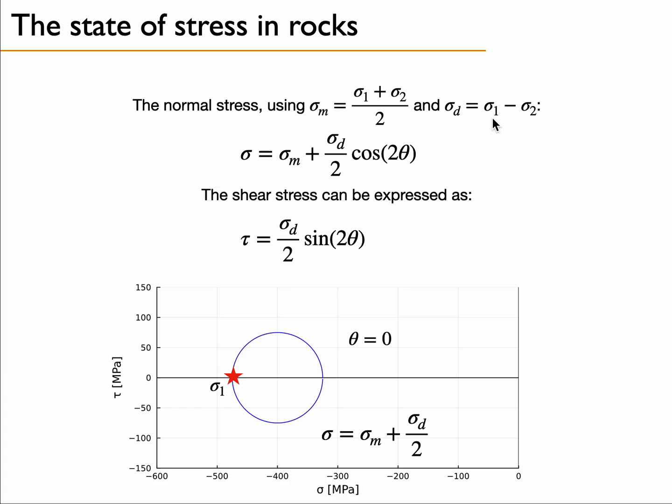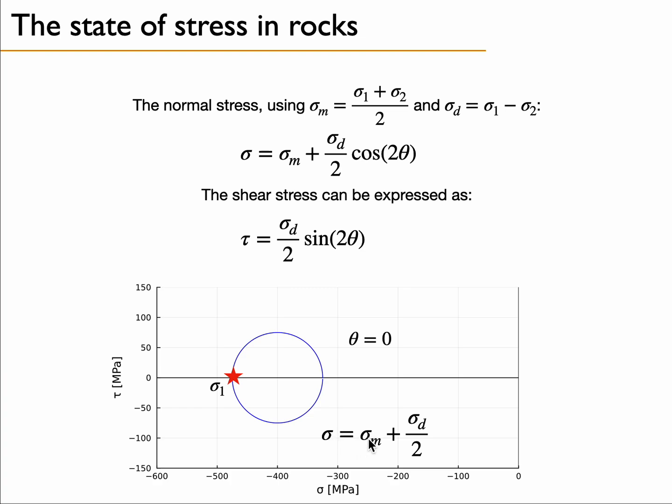Remember that sigma m and sigma d are defined in terms of sigma 1 and sigma 2. So here we have, for example, sigma 1 on that side of the circle. This is for an angle of 0. So we are in the basis in which the shear stress will vanish. If theta is equal to 0, you will obtain this formula.